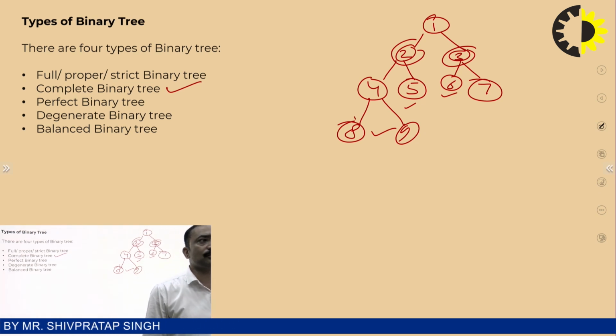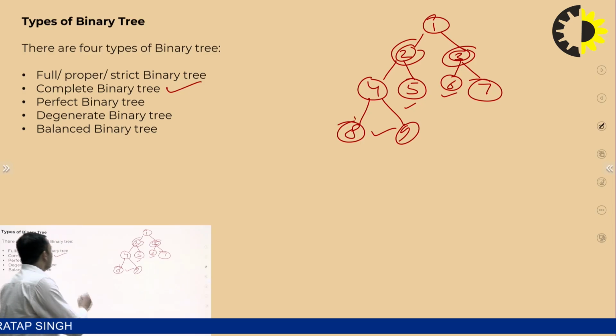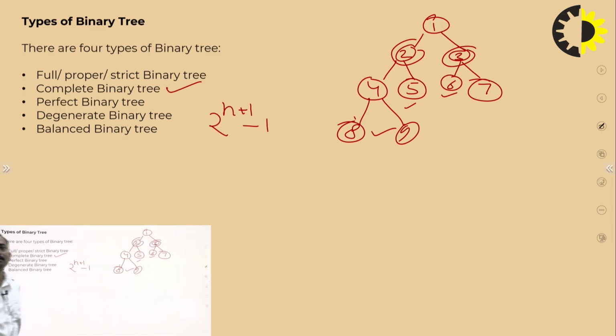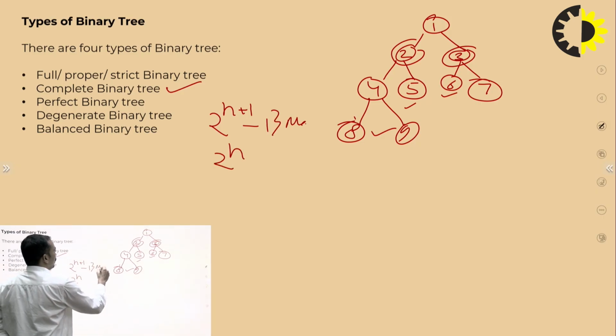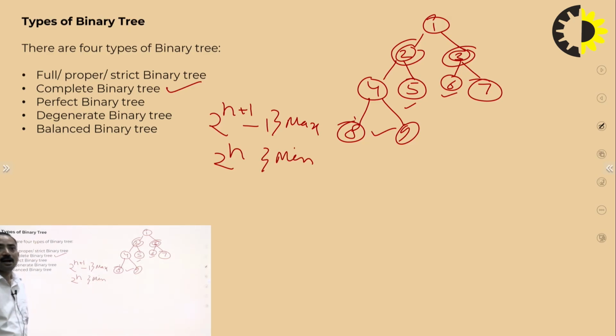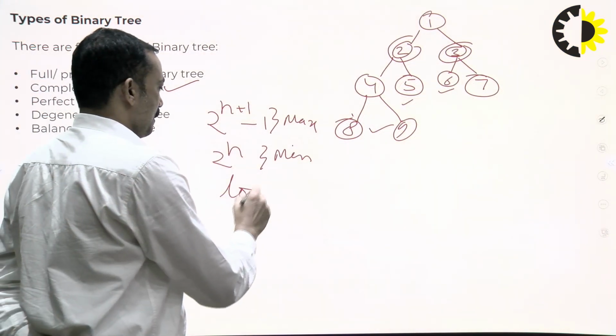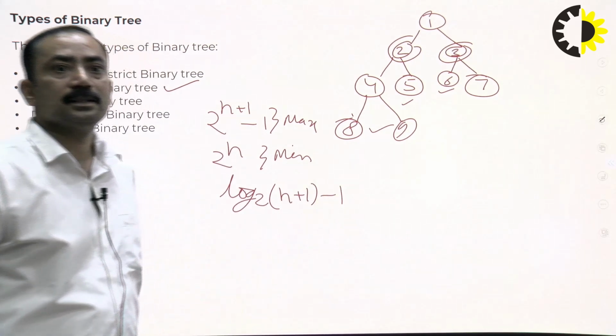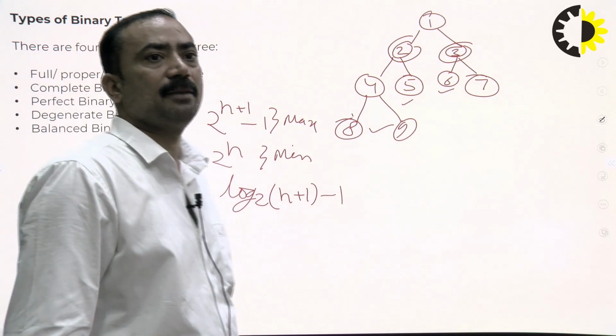And the maximum number of nodes in a complete binary tree, the minimum number of nodes in a complete binary tree is h, and this is the minimum height of a complete binary tree.